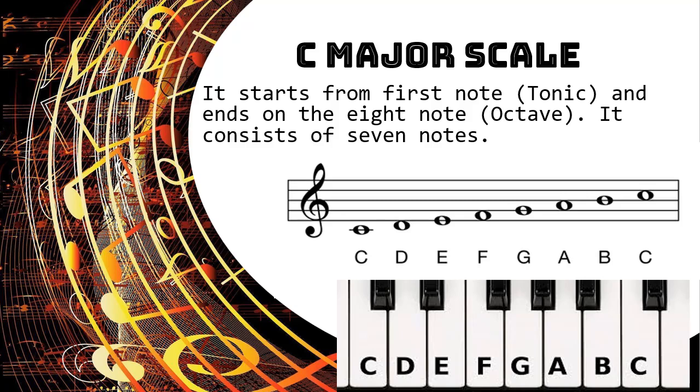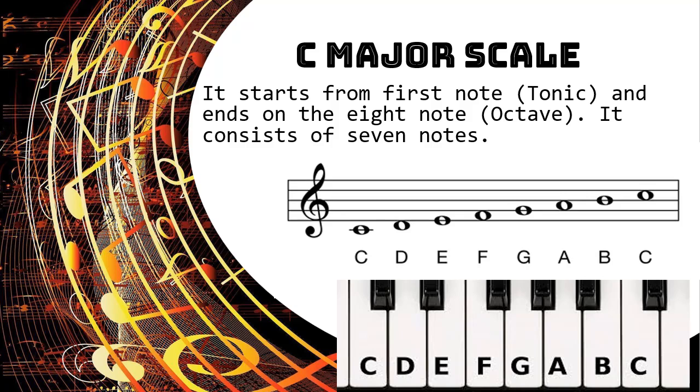On the keyboard, if we start again from the middle C there, you see we have a C, we have a D, then we have E. Then between E and F, you observe that there is no black key separating those two notes. And then if you come to between F and G, we have a black key.